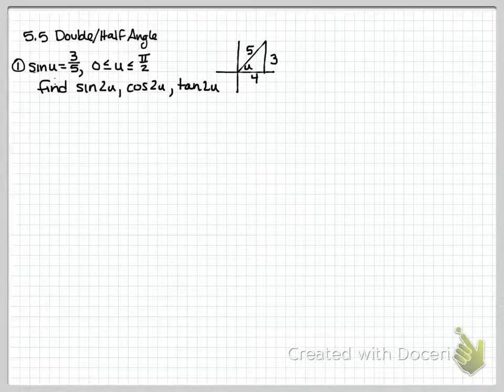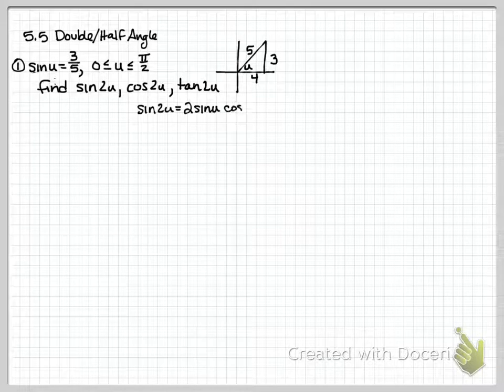So now let's find the sine of 2u. Now sine of 2u is actually pretty easy because we only have one formula to use. And so let's just do it right here. So the sine of 2u equals 2 times the sine of u times the cosine of u. Well, I already know what sine of u is. They gave that to me, and that was 3/5.